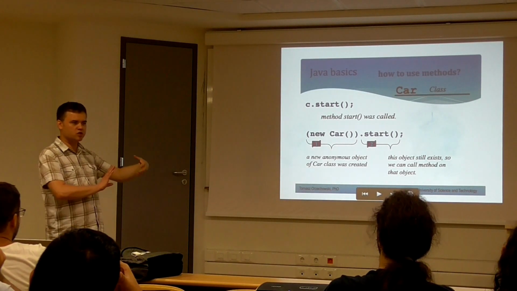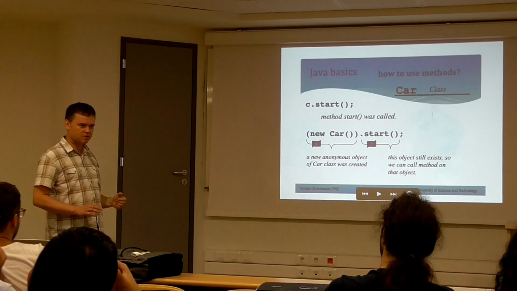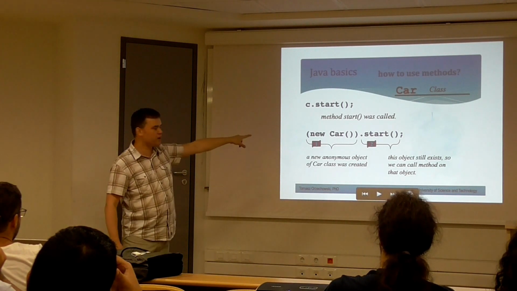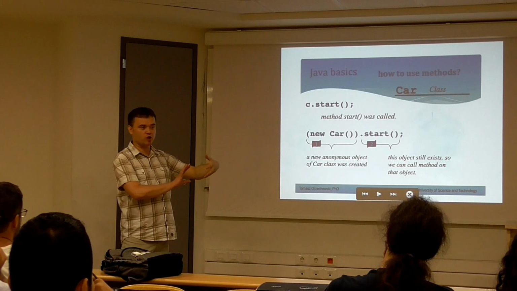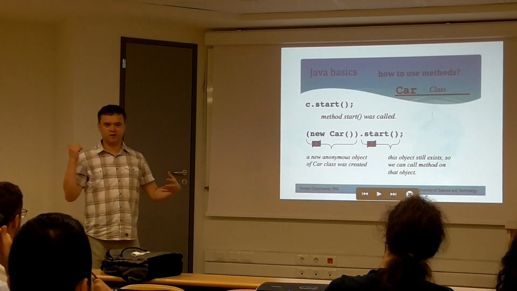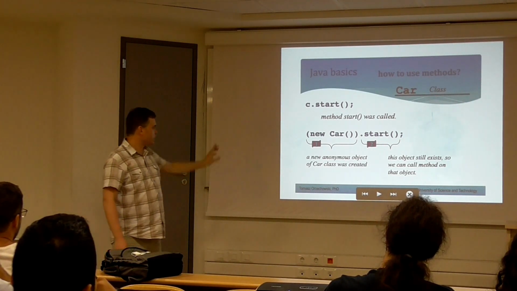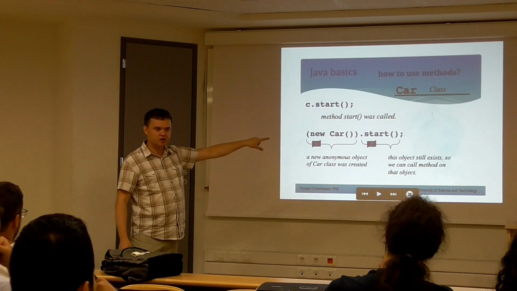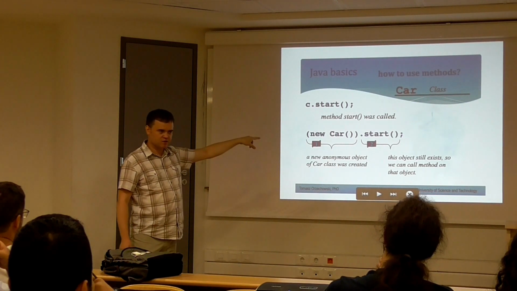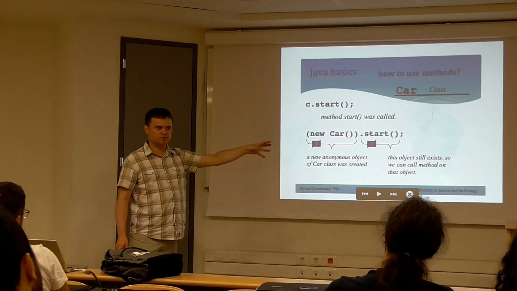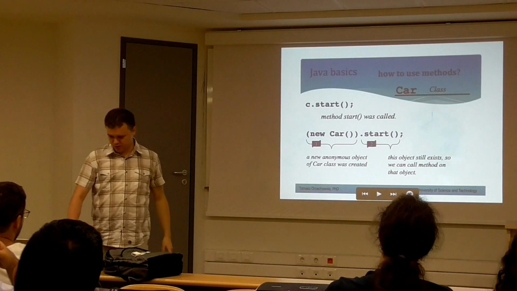Sometimes we don't need to create this reference. We can just create the object, new Car, an anonymous object not associated with a name. So this object will exist in this line, and we can access it with a dot and the name of the method.